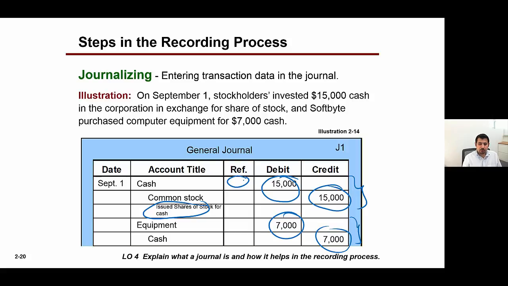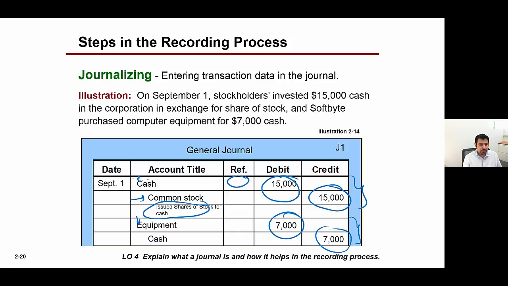Now, an important thing is, as you can see, there's this indentation here, and we always record the debit account first. As you can see, this is the debit account here, and this is the debit account here, and then we indent a little bit the credit account, like common stock, or in this case cash.